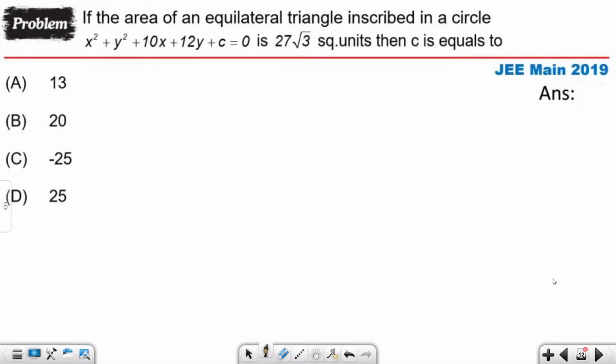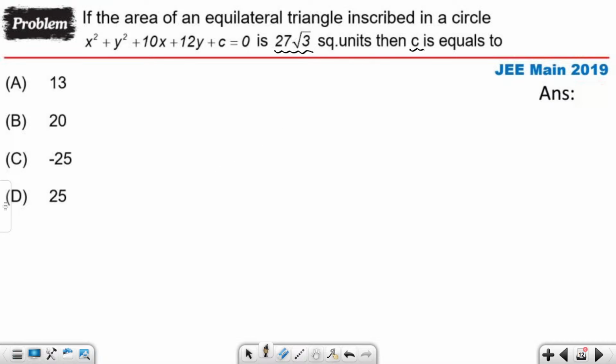Now see this question which came in JEE Main 2019. What they have said, if the area of the equilateral triangle inscribed in a circle is 27 root 3, then C is equal to what?